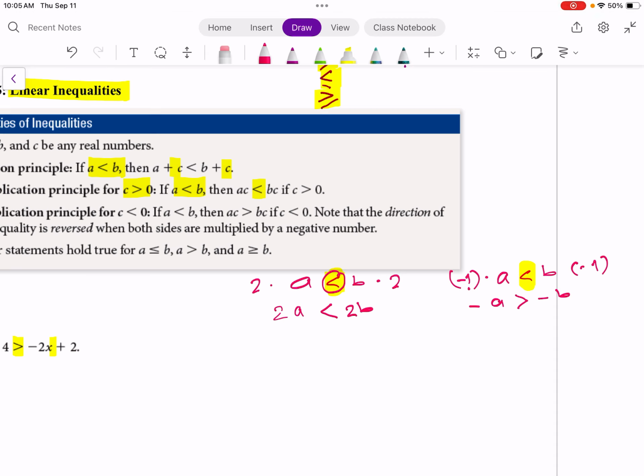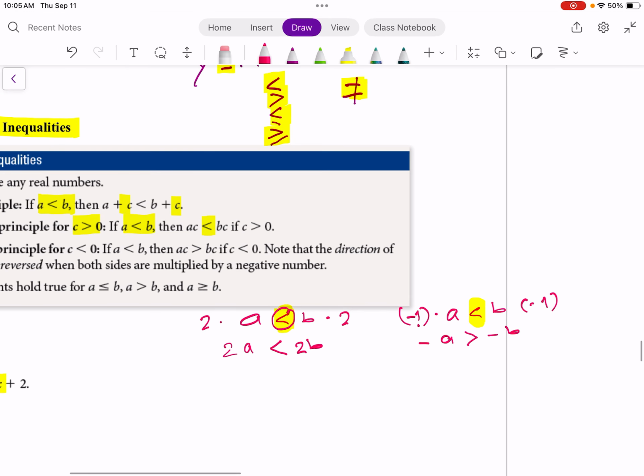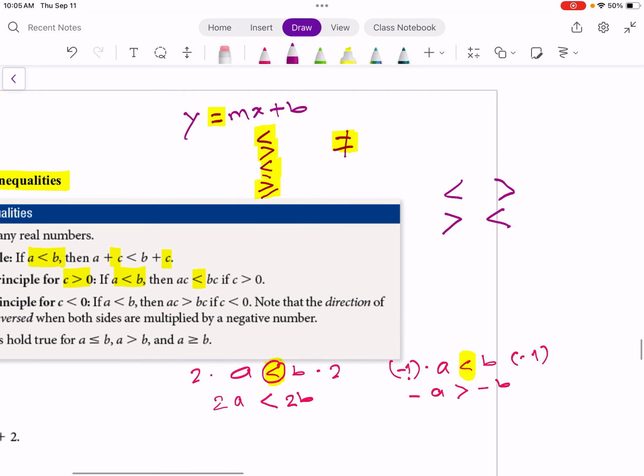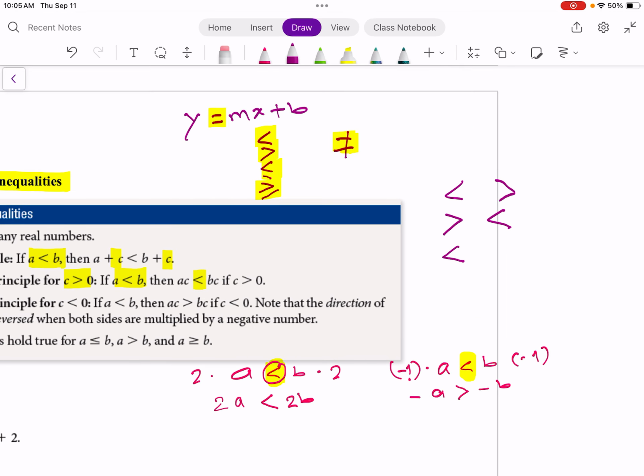But if you divide or multiply by a negative number, then we have to flip the sign. Less than flips to greater than, greater than flips to less than, less than or equal to flips to greater than or equal to, and greater than or equal to flips to less than or equal to.